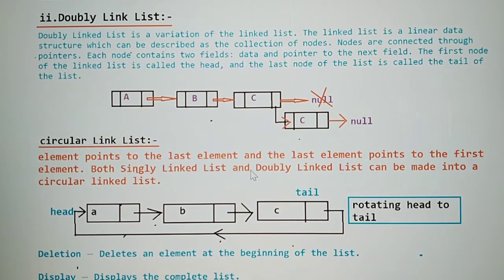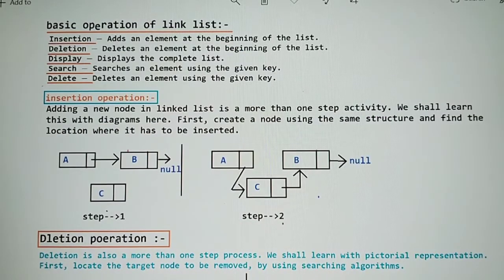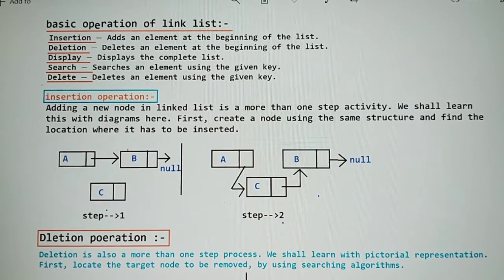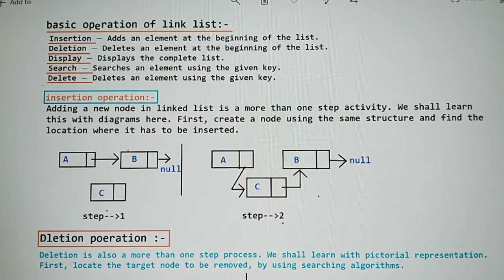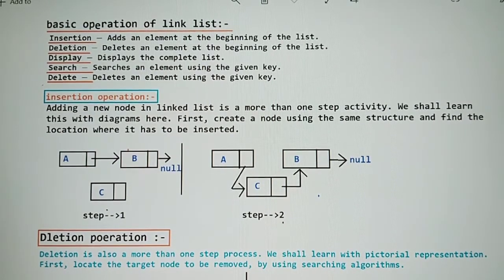So now I'll discuss the operations which are made in the linked list. Guys, see it carefully, because the operations of linked list are very useful and applicable in coding. Here I wrote the basic operations of linked list. Linked list mainly has five operations, and it has some more operations, but those are not much important.